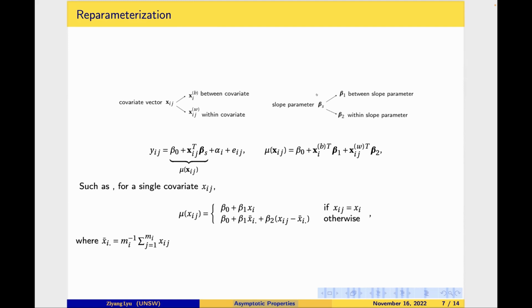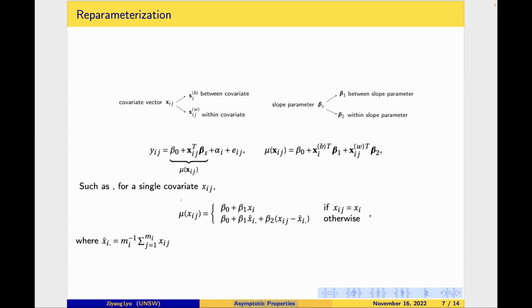Similarly, the slope parameter beta S is split into beta 1 and beta 2. Beta 1 is the between slope parameter and beta 2 is the within slope parameter, so that we can rewrite the regression function mu of Xij as beta naught plus Xib transpose beta 1 plus Xijw transpose beta 2.